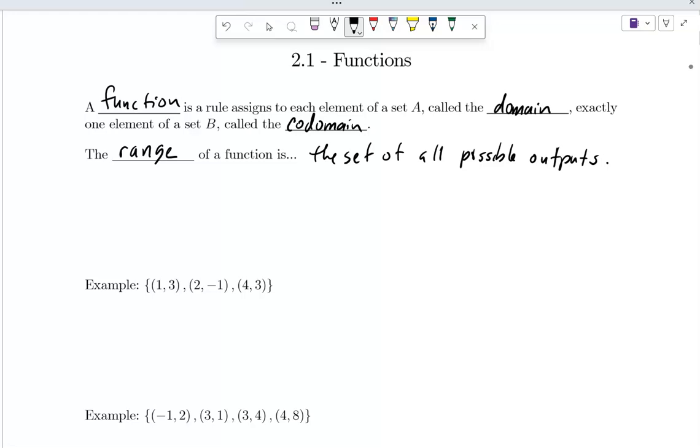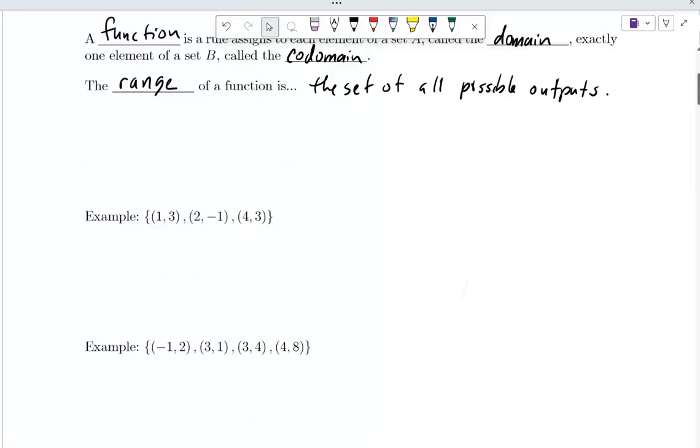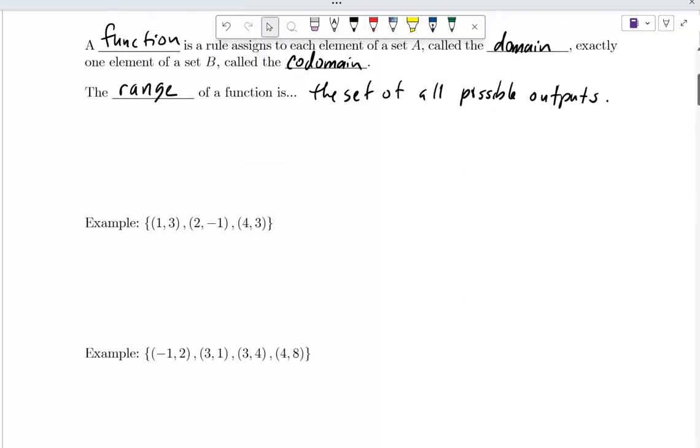All right. So let's look at an example here. An easy way to represent a function when it's a small number of inputs and outputs is through the use of ordered pairs. Okay? One of the things that we're going to do with functions later on is graph them. When you do things graphically, you think of having an x and a y, ordered pair ideas.